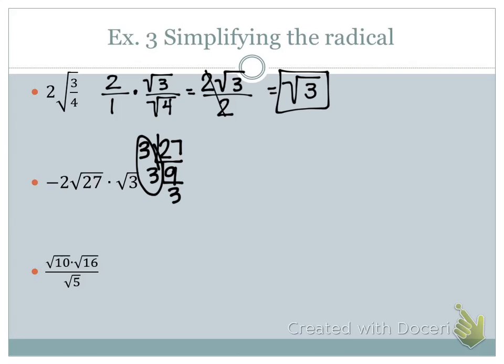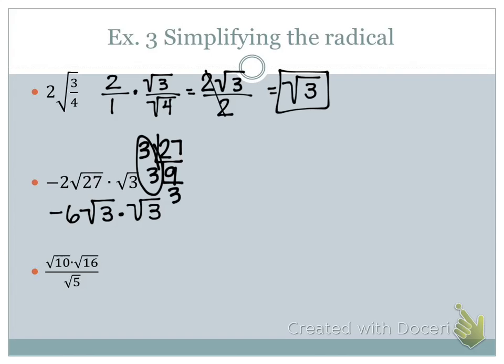But look at the outside. There's already a negative 2. So what do you think I'm going to do with that negative 2 and 3? Multiply them. You always want to use multiplication. So this is going to become negative 6 times the square root of 3 times the square root of 3.